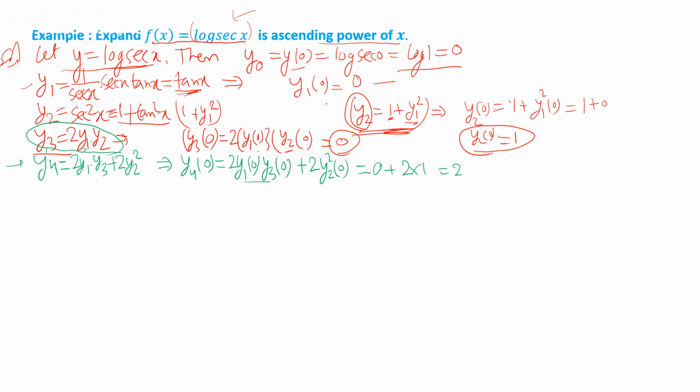In a similar way you can also find y5 and so on. So what we get: y1 at 0 is 0, y2 at 0 is 1, y3 at 0 is 0, and y4 at 0 is 2, and so on.